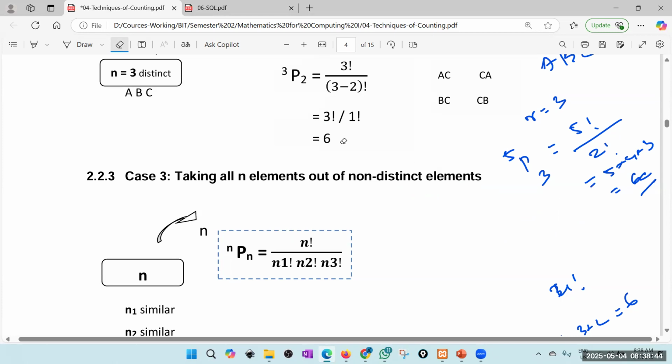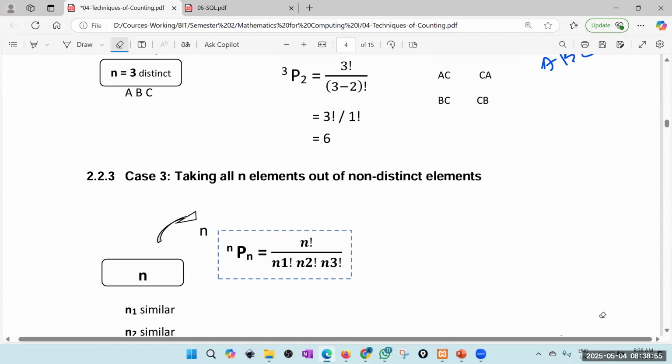Can someone tell me which scenario we skipped? Again, listen to me. We have n distinct elements. If you take all n elements, how many ways can we arrange linearly? Scenario 2, we have n distinct elements. If you take r of those, how many ways can we arrange linearly?